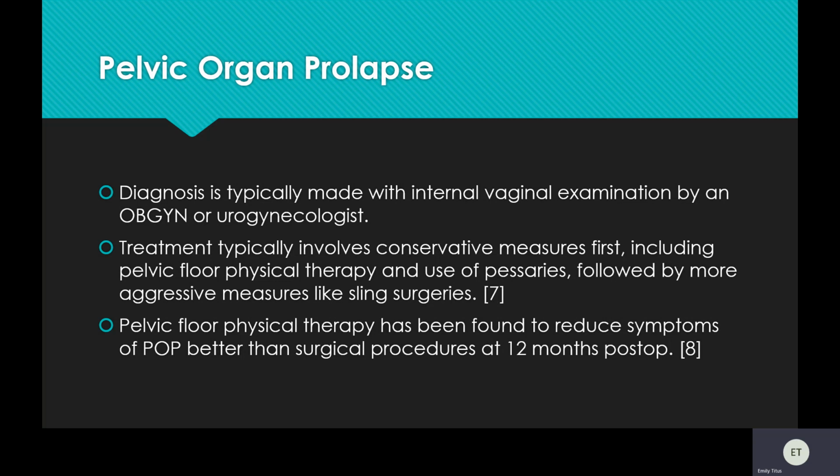In the worst case, more aggressive measures are typically sling surgeries, where they will reposition whatever organ is falling out or place a mesh that prevents further prolapse from occurring. But they're not particularly successful. In fact, pelvic floor PT has been found to reduce symptoms better than surgical procedures 12 months post-op. So that's an interesting little caveat there.